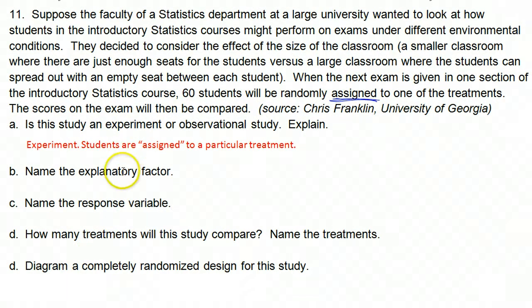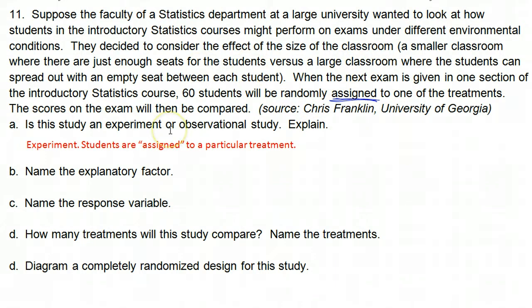Okay, the explanatory variable and the response variable. This is like the potential cause and the potential result. The explanatory variable is basically going to be the treatments when you're talking about an experiment. The two treatments, it's the size of the classroom that they're adjusting.